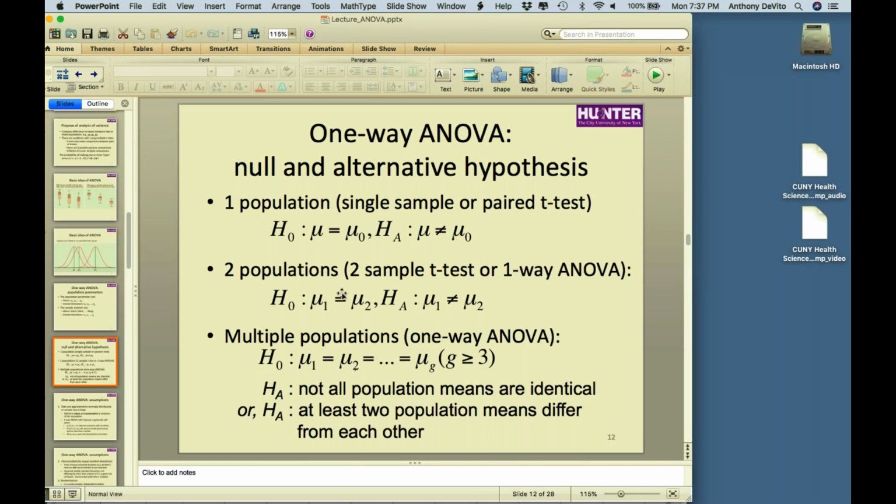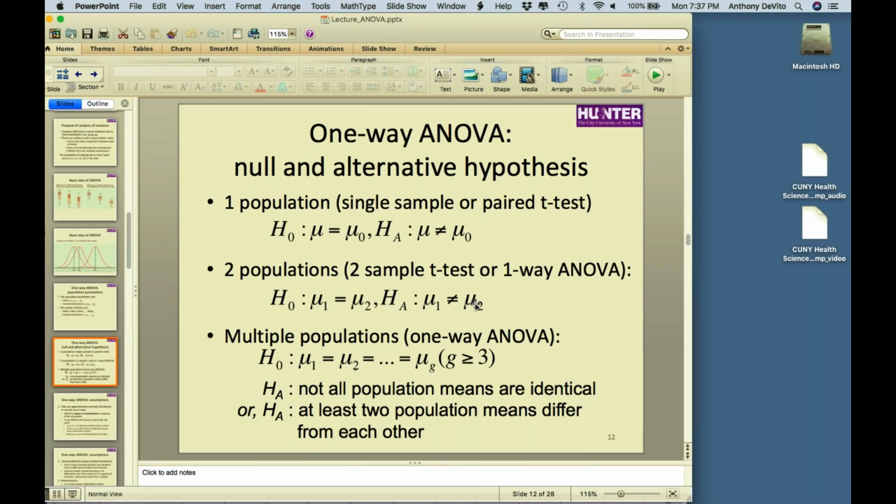We already know what the means of the samples are and whether they're the same or different. We need to use that to prove that there's a difference between the means. So for 2 groups in our categorical variable, the null is mu1 equals mu2, and the alternative is mu1 is not equal to mu2. Again, 2-sided, because it doesn't matter whether mu2 is less than or greater than mu1.